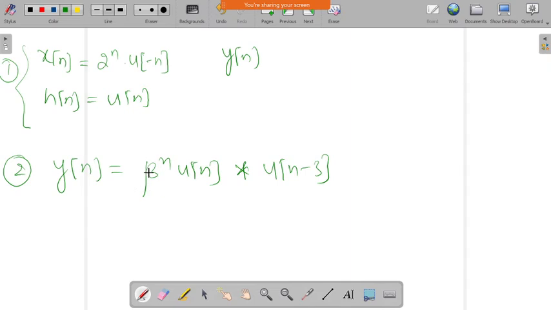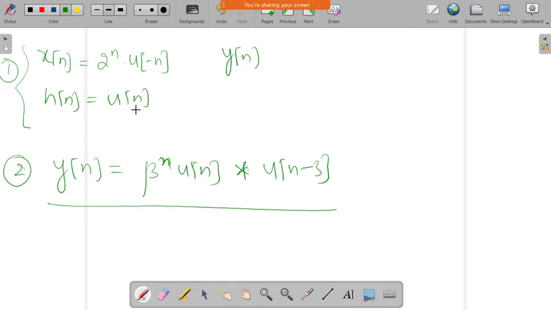It is similar to the half power n problem we did. x of n and u of n minus 3, it is shifted by 3 units. How to take this we have seen in the first or second problem. So you practice this also. If you don't get it, I'll send the solution. So these two you practice.